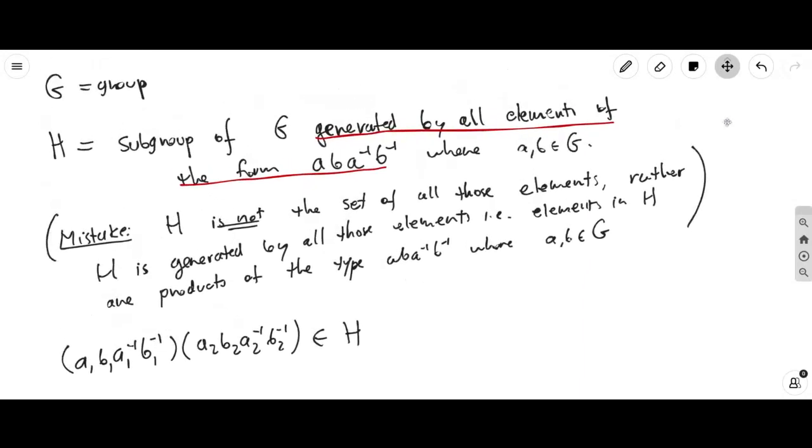So in general, this is a very complicated subgroup. There's an infinite number of different combinations you can form, and then you have to consider all of the ways they can be multiplied together. So in the most general case, this can be a rather complicated group. Of course, if G is a finite group, then there will be a finite number of such possibilities, and then a finite number of different ways you can multiply them together. So even in a finite group, writing out all of the different possibilities could be quite a lot.